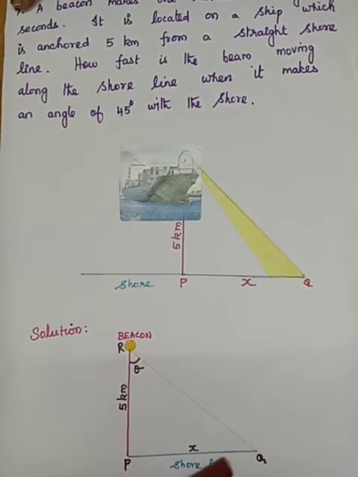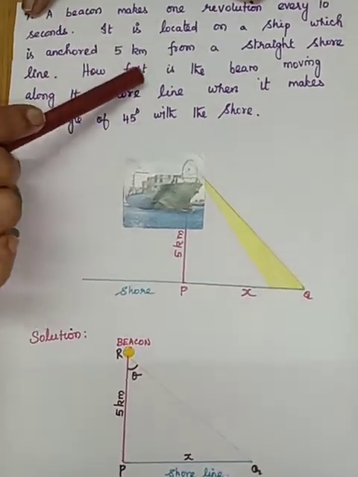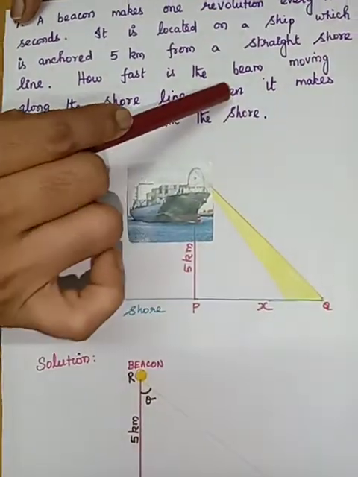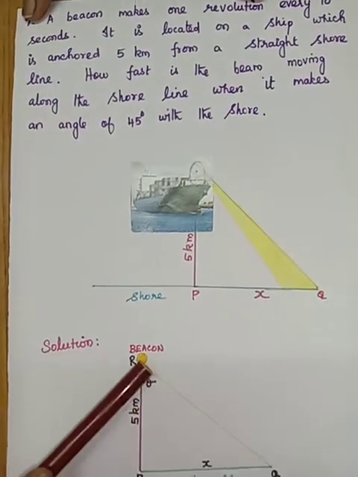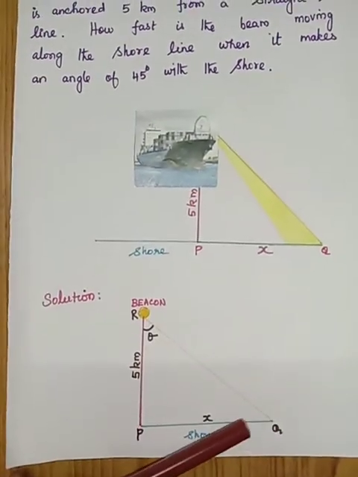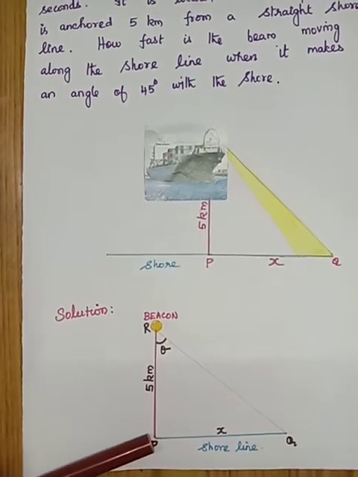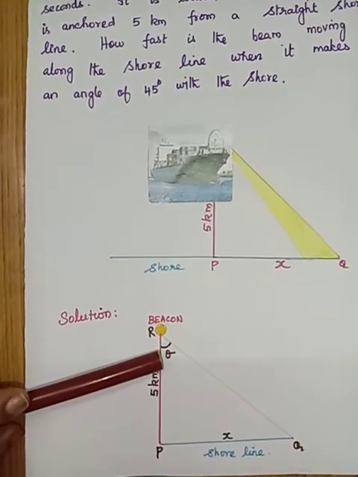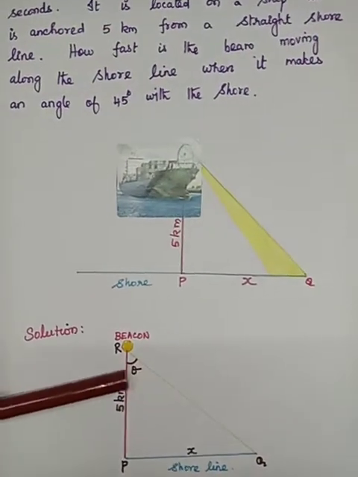So the beam of light moves on the shoreline. So how is it moving? So the question is what? How fast is the beam moving along the shoreline when it makes an angle of 45 degrees with the shore? This angle I have denoted as theta.